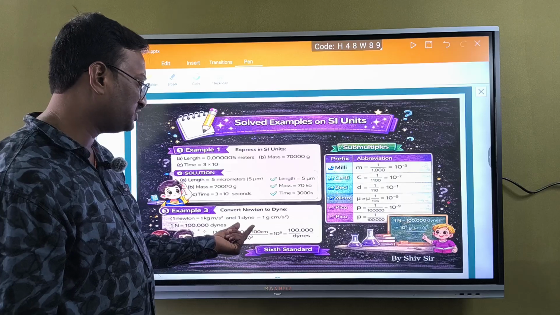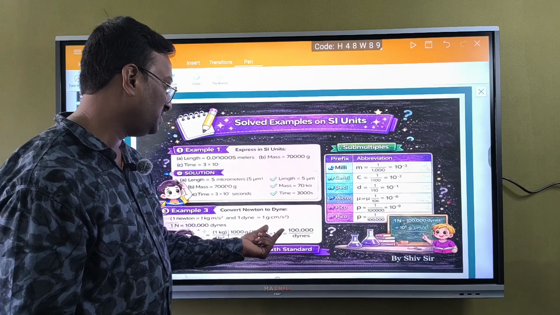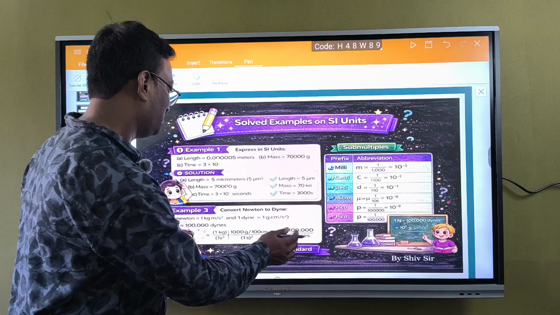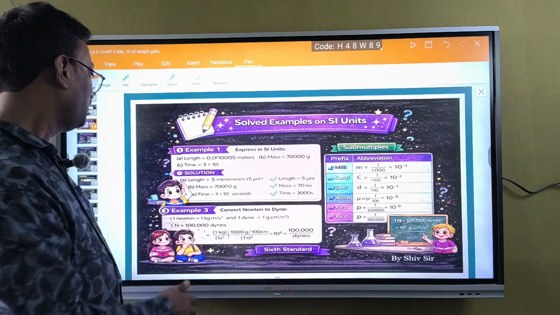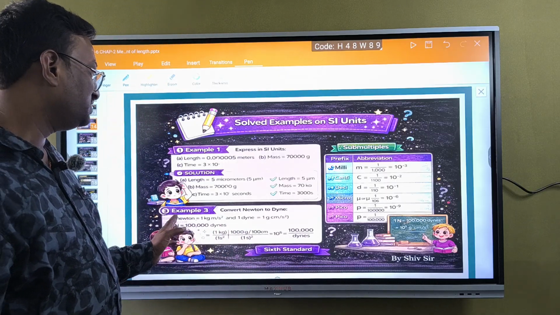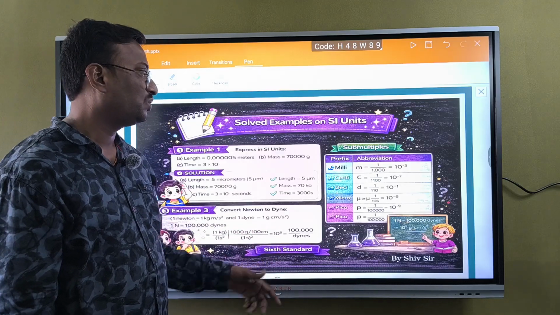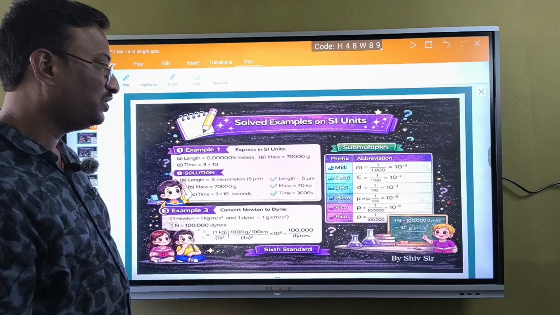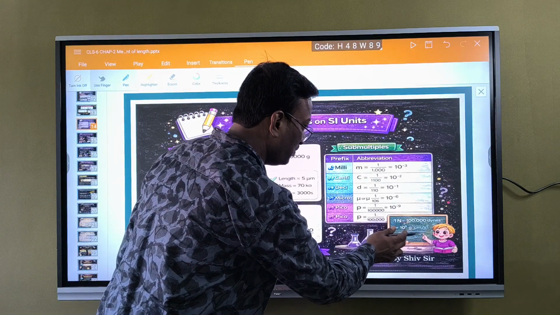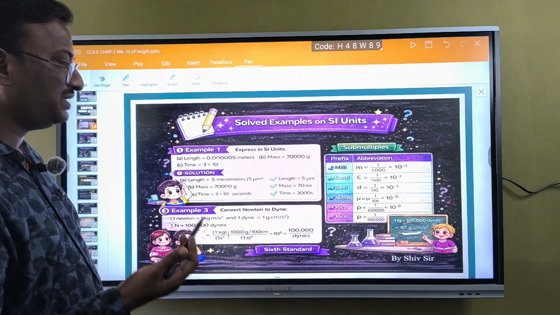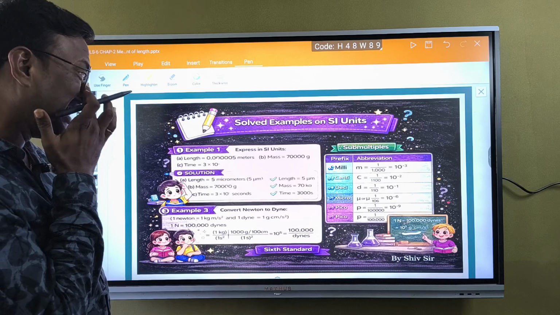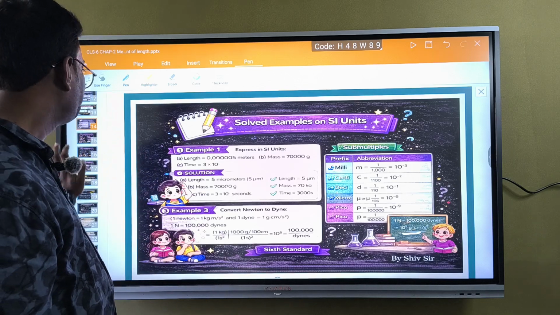So 3 plus 2, 5, 10 power 5. That is 1 lakh dynes. So 1 Newton is equal to 10 to the power of 5 dynes, that is gram centimeter per second square, which is called dyne. Likewise we can convert the units.